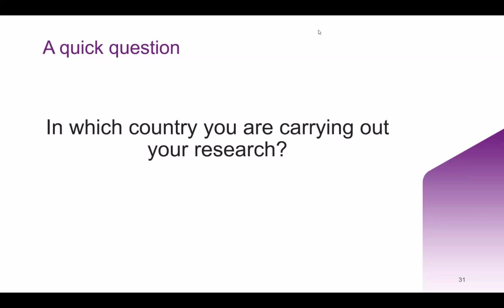Oh, Colombia, Germany, UK, that's great. So most of you are in the UK, and someone in Colombia and Germany. UK and Bahrain, that's interesting.